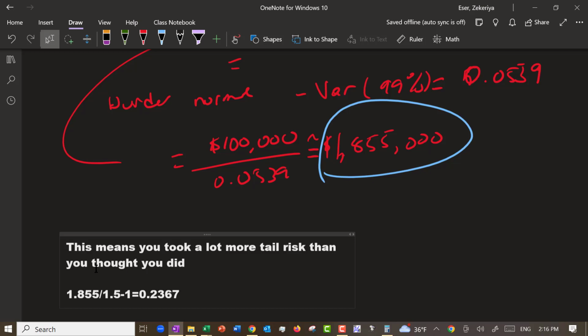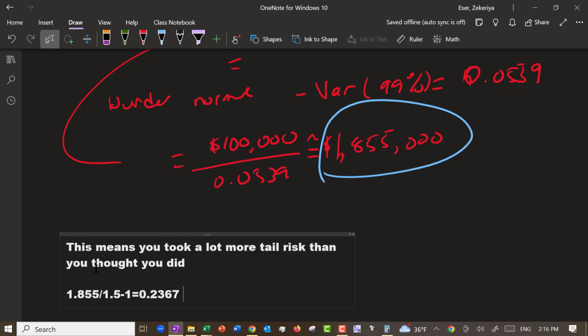I mean, consider a company that has 10 traders like that. So the total risk that they're taking is about $1 million. And let's assume that this company had a capital of $2 million.